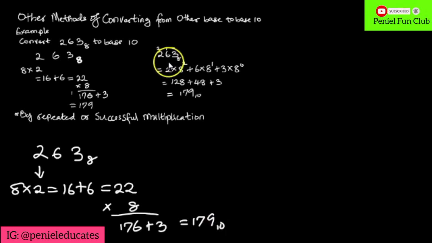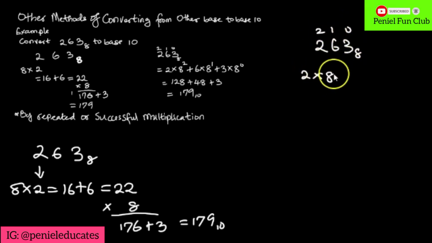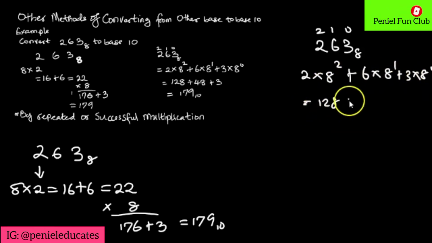If you do it the other way that I taught you before, you do 263 base 8, you want to convert to base 10, you place the indices 0, 1, 2, then you do 2 times 8 raised to power 2 plus 6 times 8 raised to power 1 plus 3 times 8 raised to power 0. So you get 128 plus 48 plus 3.